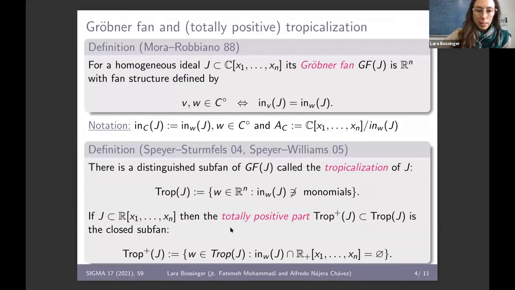And that will be exactly all those weights inside the tropicalization such that the initial ideal does not contain any non-trivial polynomial with only real positive coefficients. Okay, so these are the two subfans of the Gröbner fan that are interesting. I'm not quite sure if my citations here are correct, but there are certainly papers that will get you to more information.